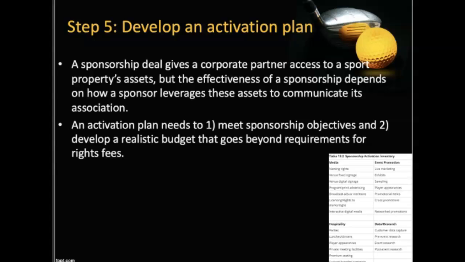A lot of the time people will say a very successful sponsorship is where you pay half of the money for sponsorship and half the money for activation. So you can think the sponsorship is very expensive. It's not just about the money you pay for the sponsorship itself, but also the money you pay to activate these relationships. You want to maximize the value of this sponsorship, right? So a lot of the time you have to pay more money for that.